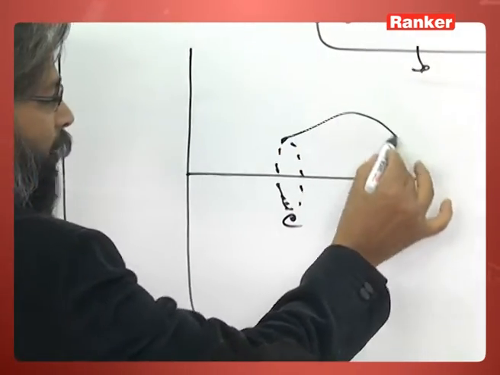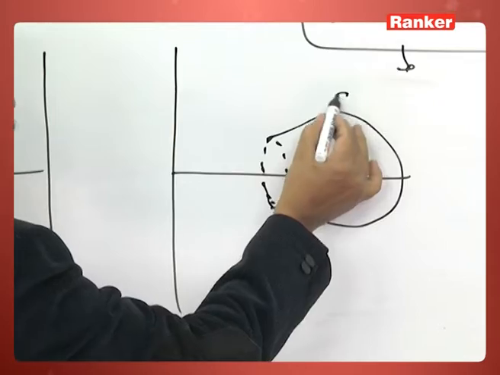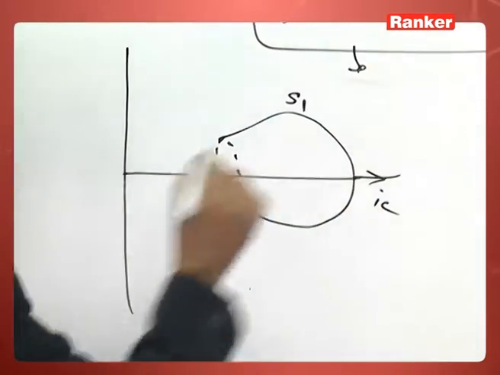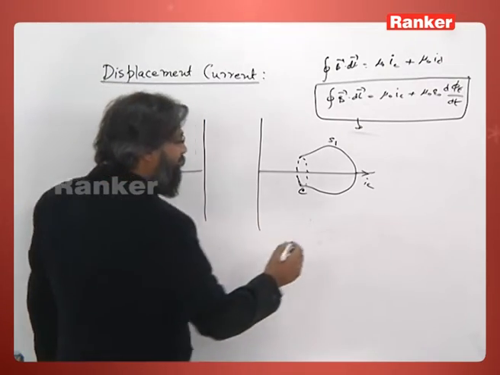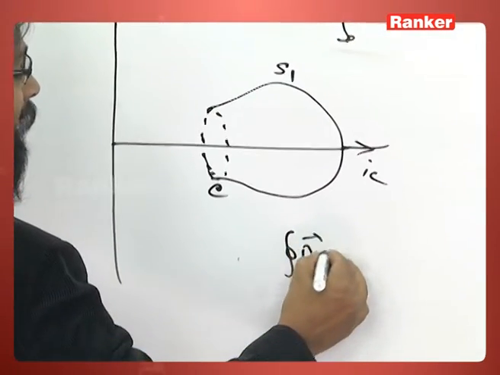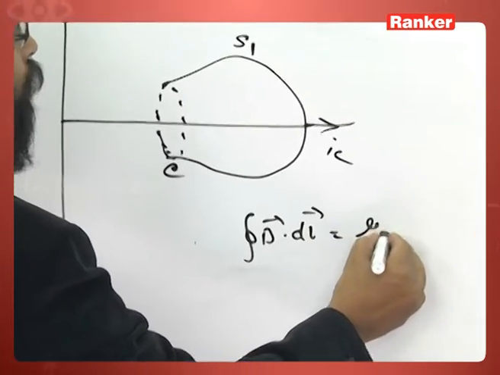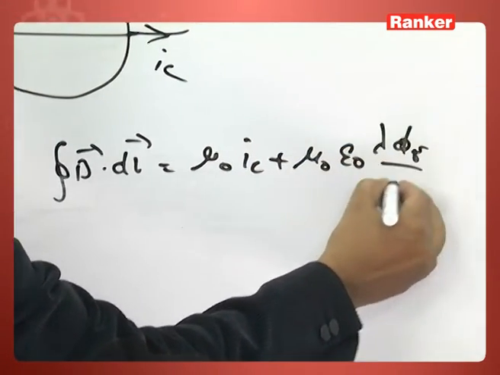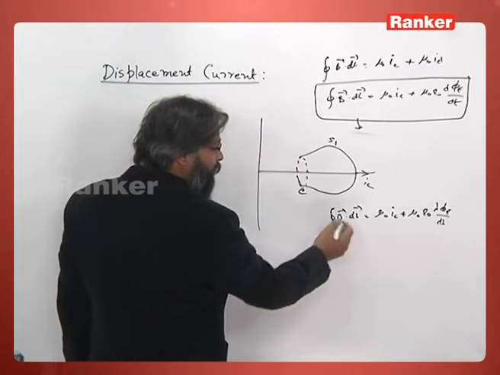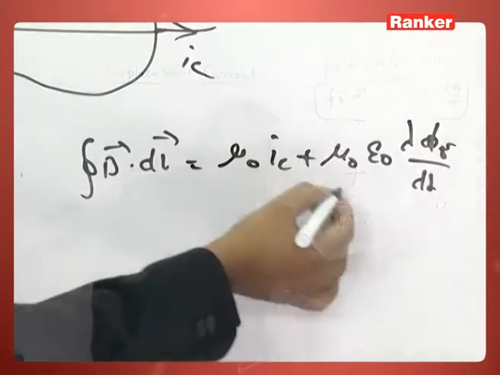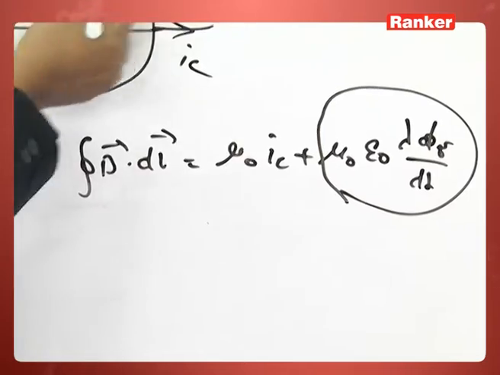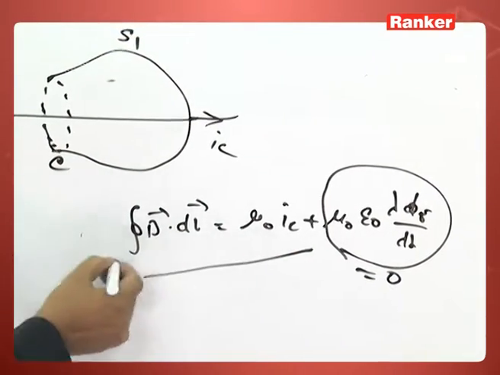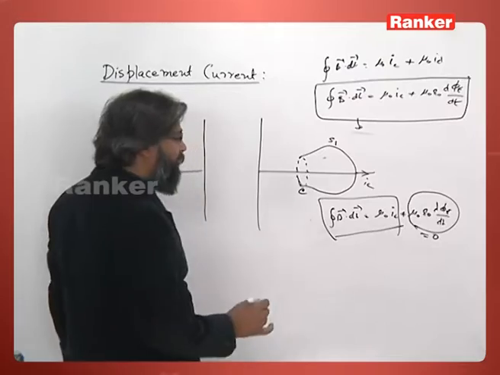So if I select surface S1 this way, then the current I c crosses this surface, and we can apply directly B dot dl is equal to mu naught I c plus mu naught epsilon naught d phi E by dt. Now for this surface S1, there is no changing electric field within this region, so this second term is 0. This term will be retained only for the other surface.